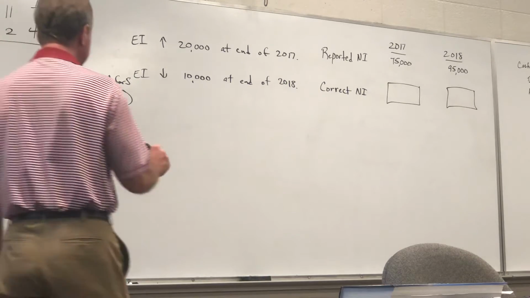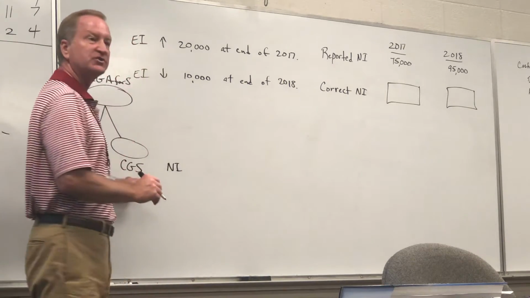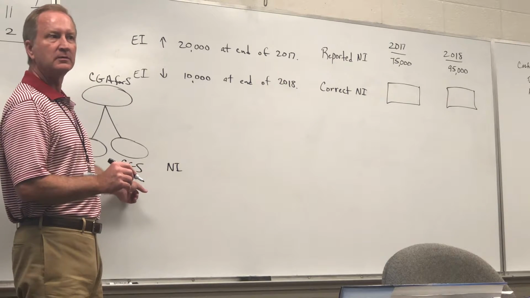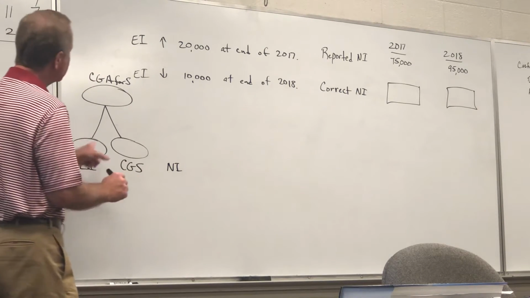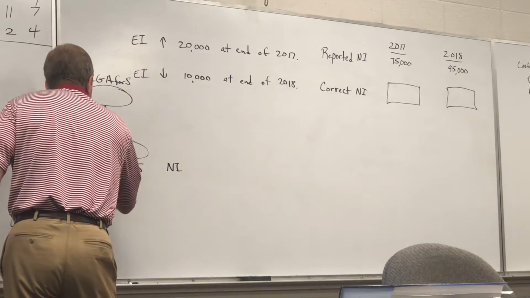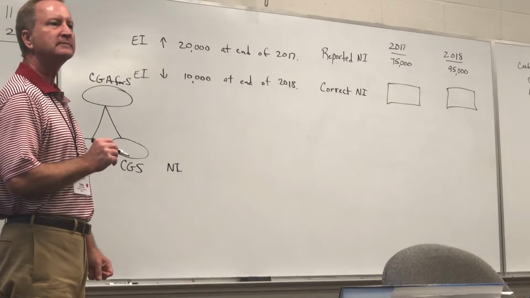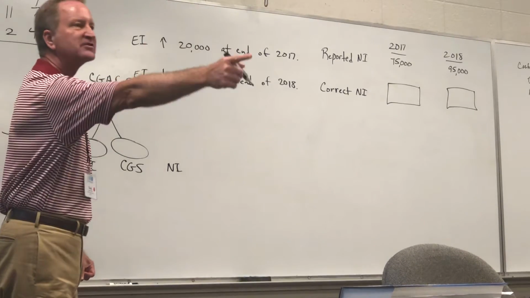Okay, so now watch this. What kind of account is cost of goods sold? Expense account, okay? So what we've said here in 17 is ending inventory is overstated by 20,000. Well then, Ms. Finch is right.